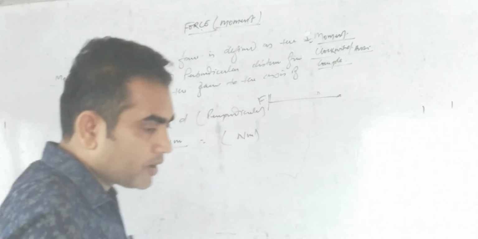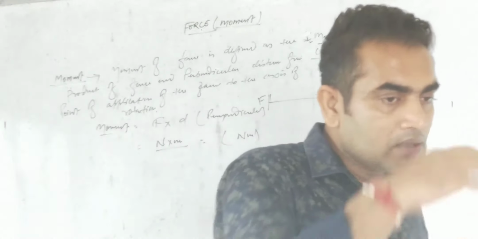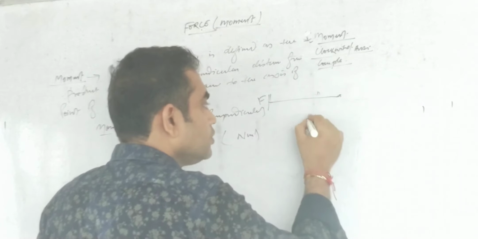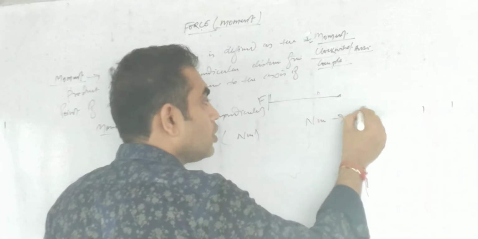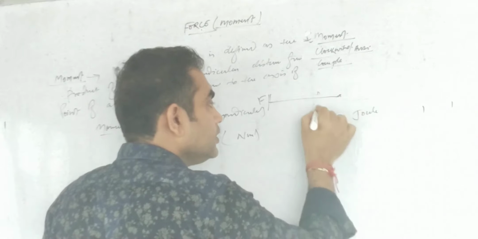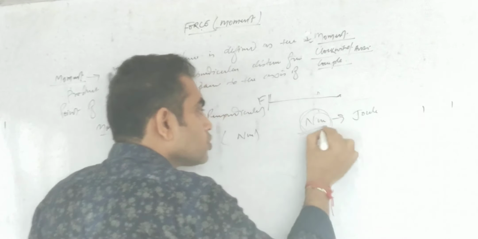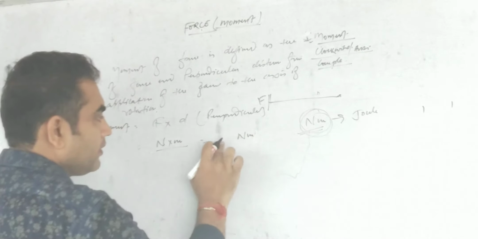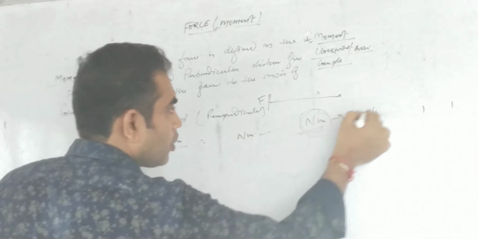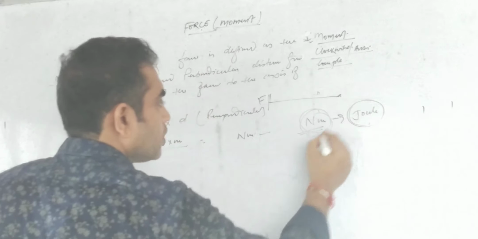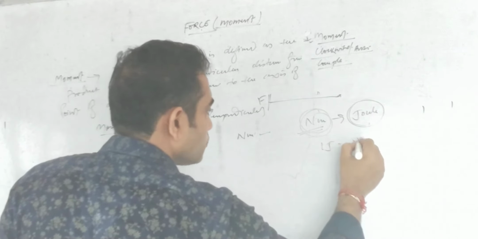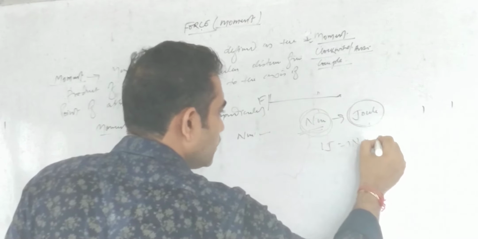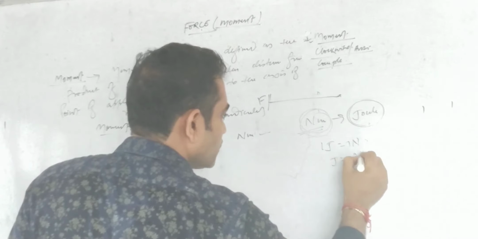Now you will have one question in your mind, sir, Newton meter is also called joule, the unit of work. So, can we write the Newton meter, or can we replace it by joule, because 1 joule equals 1 Newton into 1 meter, so joule equals Newton meter?